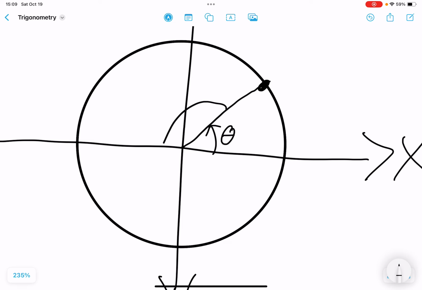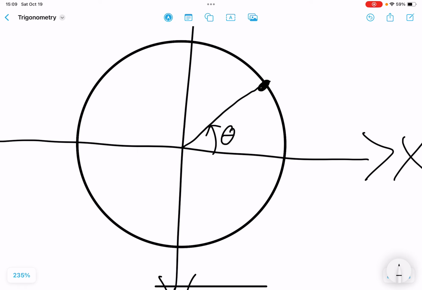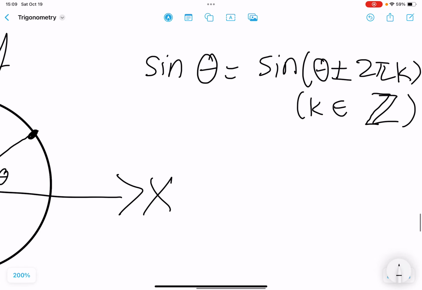Even if I rotate more times, I still end up with this point as my final value. The tangent values won't change either, because tangent is based on sine and cosine. So this rule applies for both cosine and tangent, and you can change this to cosine and tangent and the property will work.